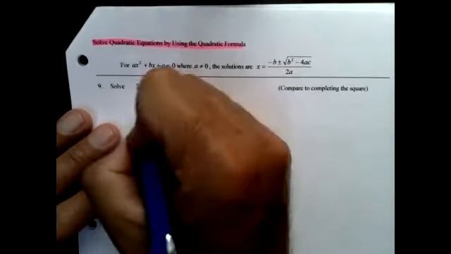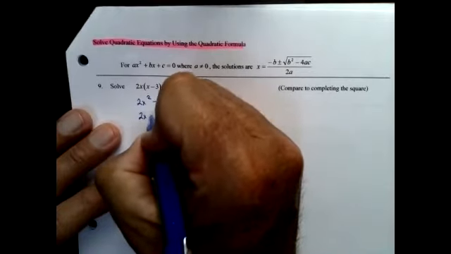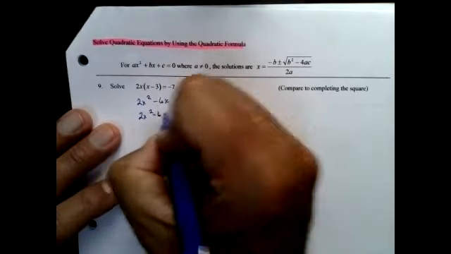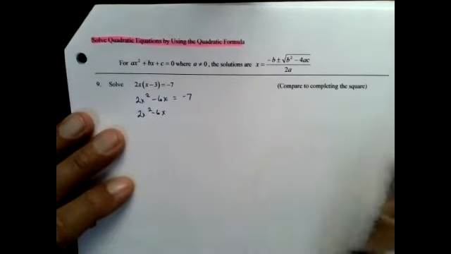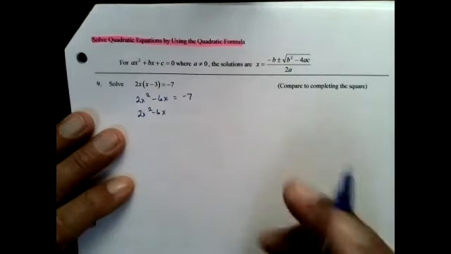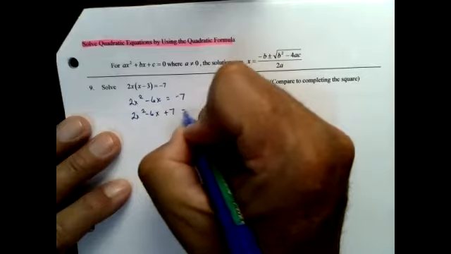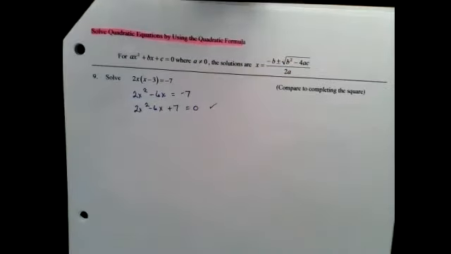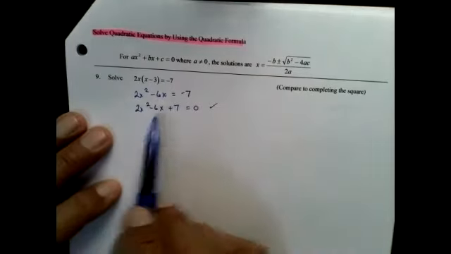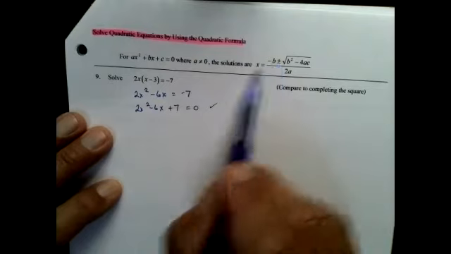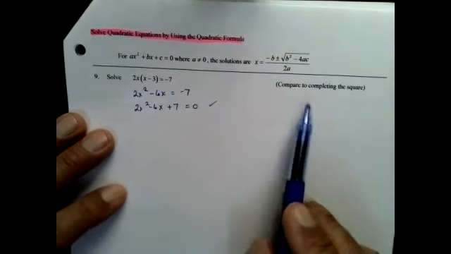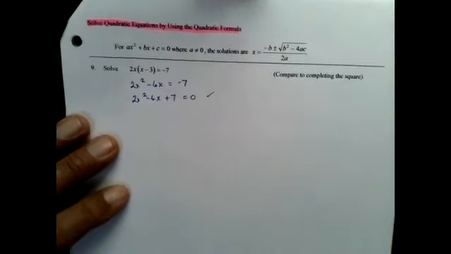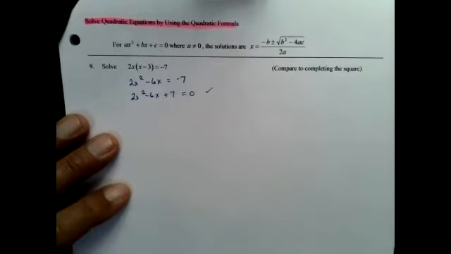So I distribute to 2x. Do I need to bring the 7 over, or can I just leave it over there for right now? Well, I can bring it over and go, okay, check. It is a quadratic. I'm happy and I'm ready to go. Now, at this point, I can either use the quadratic formula, which we're going to do, or I could have used the completing the square method, which we're not going to do.